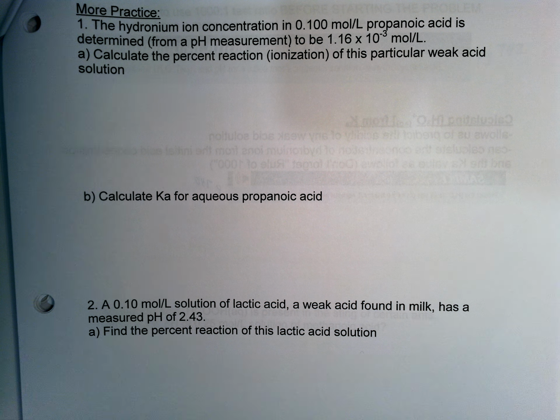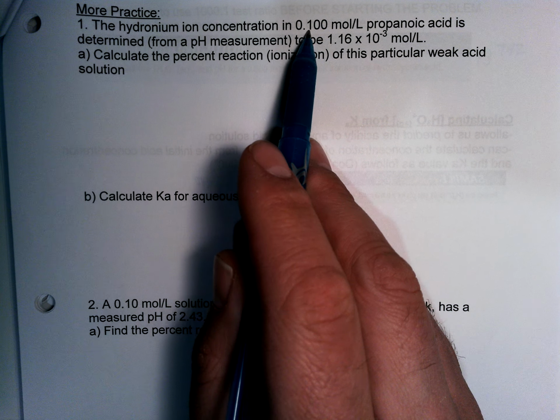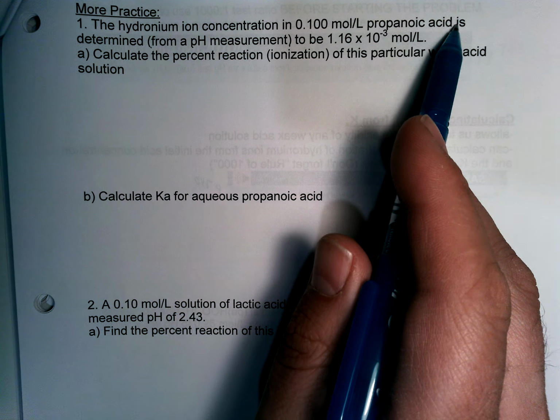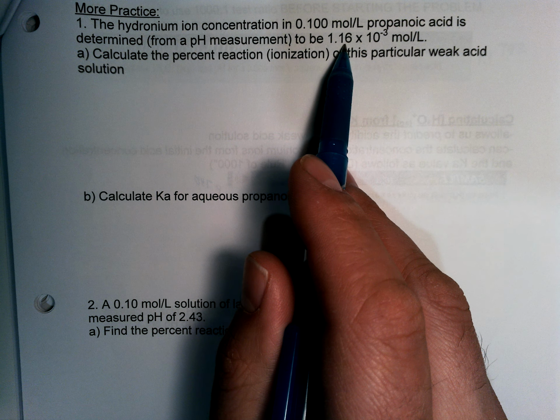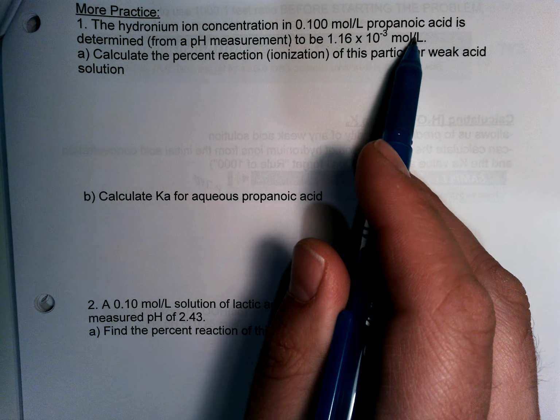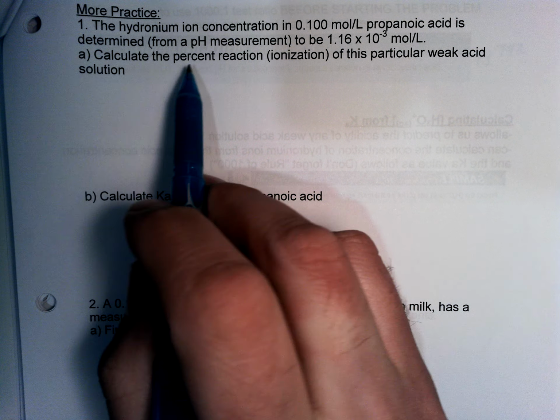Okay, so this example here, we're given the hydronium concentration in a 0.1 mole per liter propanoic acid, determined from the pH to be 1.16 times 10 to the minus 3 moles per liter. Calculate the percent ionization for this.